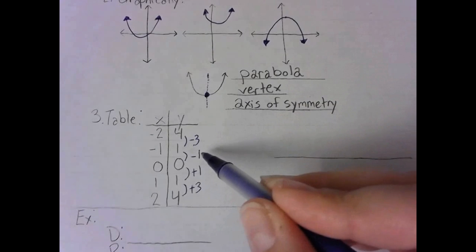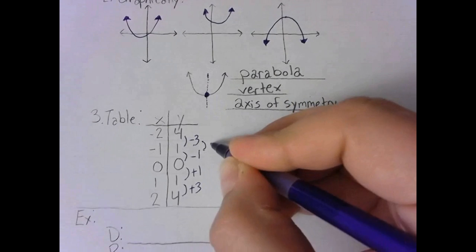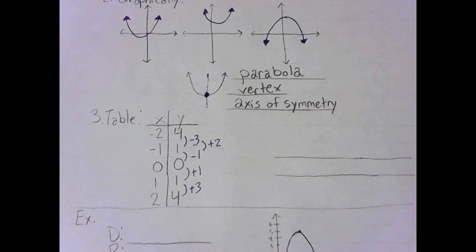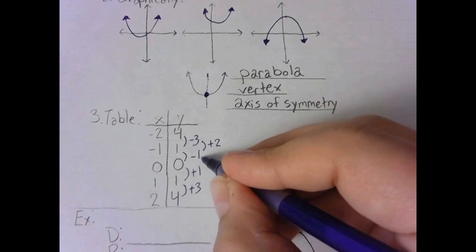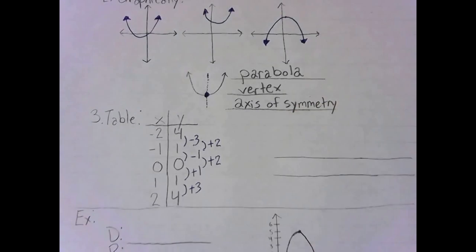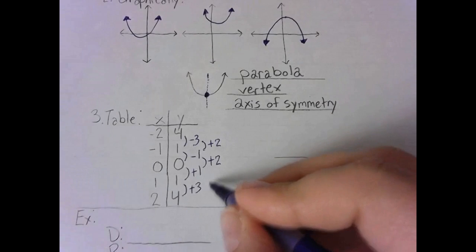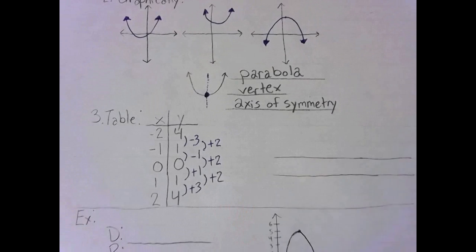To get from -3 to -1, we had to add 2. To get from -1 to +1, we had to add 2. And to get from +1 to +3, we had to add 2. There's a pattern.